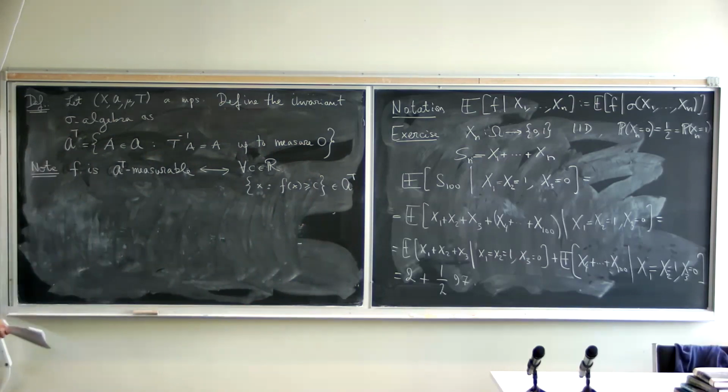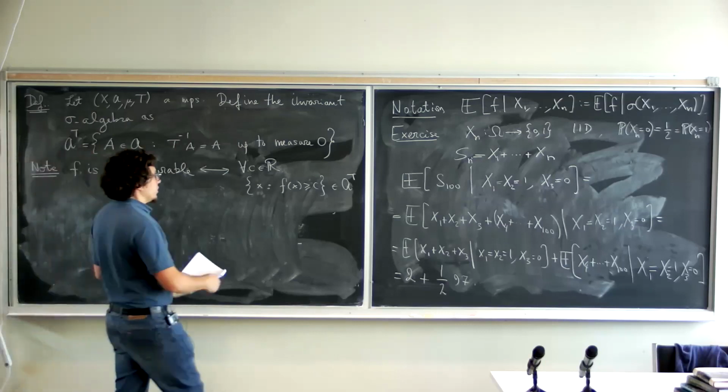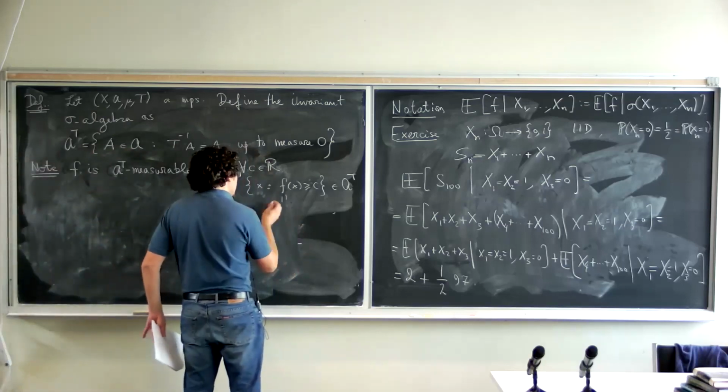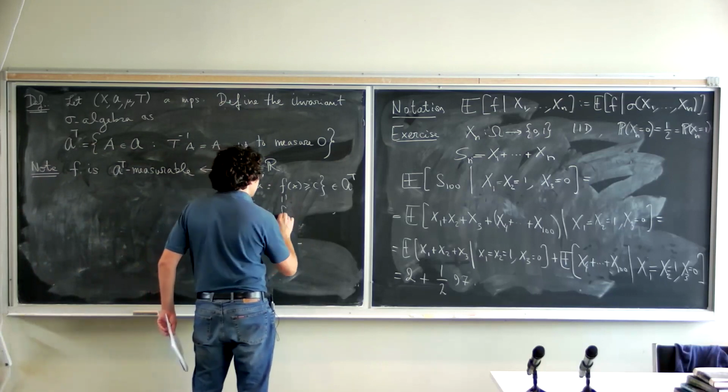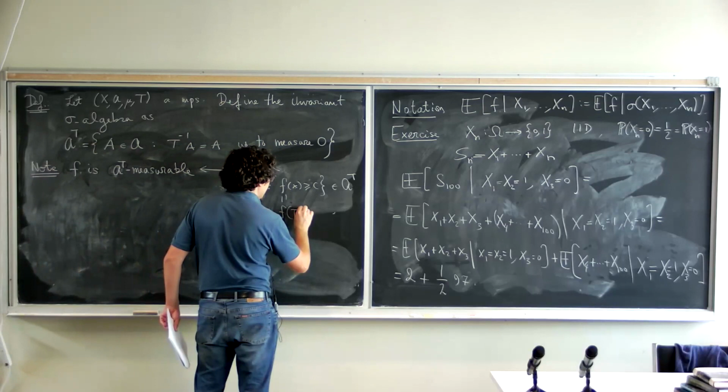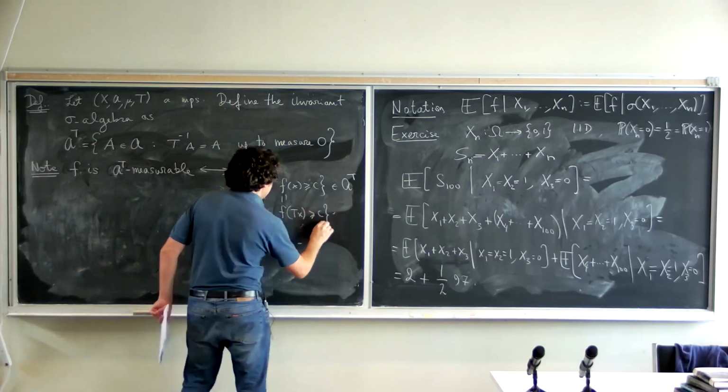So what does it mean? It means that this has to be equal to its preimage. So what is the preimage? The preimage is the set of x such that f of T x is bigger than c.